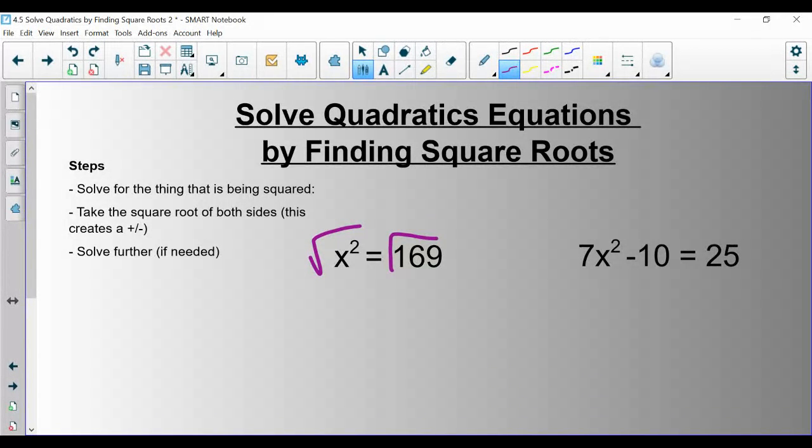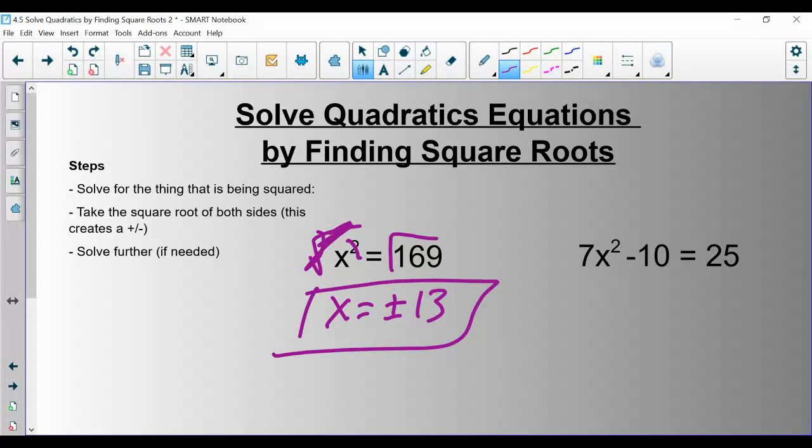If you do it to one side, you have to do it to the other, right? The square and the square root cancel each other out, and so we just get x over here. But whenever you take the square root of both sides, it's going to create a plus or a minus. And the square root of 169 is 13. Solve further if needed. X is already by itself here, so we don't need to solve further. Our answer is just positive 13 or negative 13.